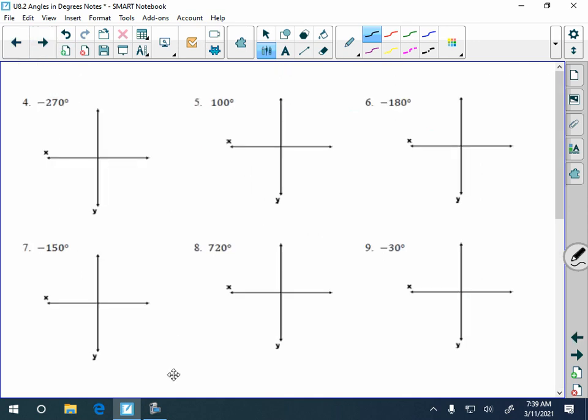All right, so let's go ahead and do these other ones. Negative 270. All right, so that's going to be negative 180, negative 270, okay, negative direction. Positive 100 degrees, so that's a little bit bigger than 90.